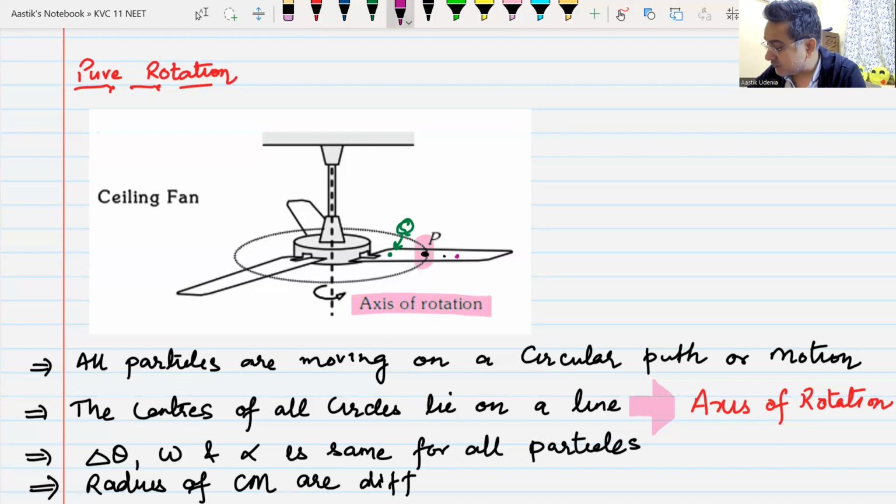This point S will also move on the circular path, but its radius would be different. So radius are different. Do we understand this? Now, since radius are different, and I'm going to write it to the top, radius are different, therefore the velocity and accelerations are different.